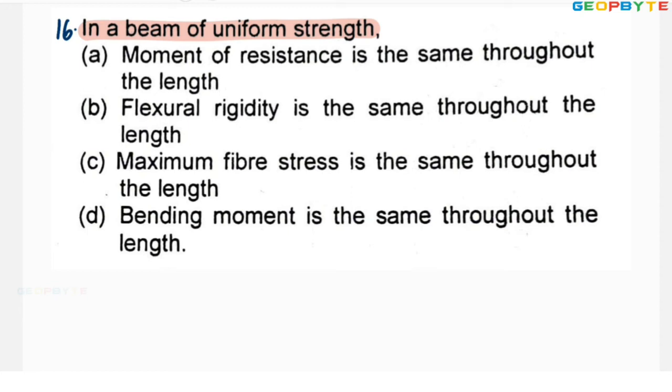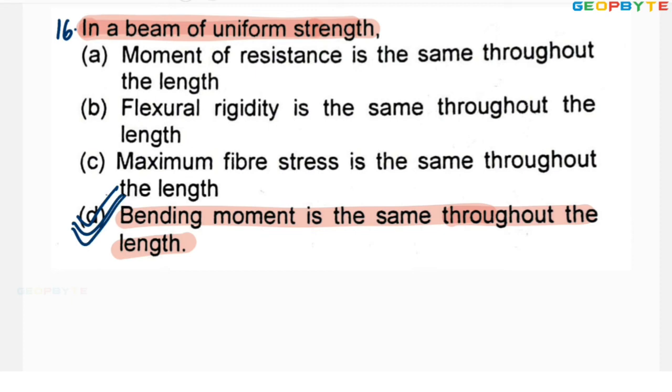Option C, maximum fiber stress is the same throughout the length. Option D, bending moment is the same throughout the length. Yes, for maintaining the uniform strength in the beam, the bending moment must be same throughout the length. Therefore, option D is absolutely correct.